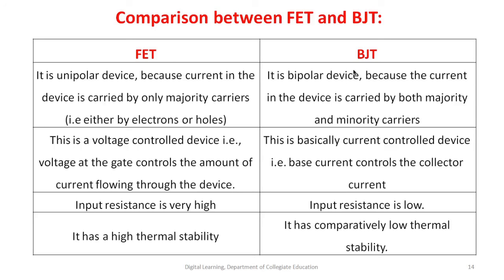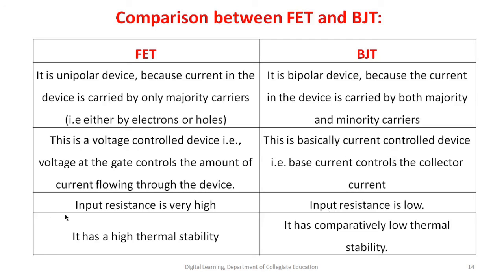But BJT is a current controlled device because the base current controls the collector current. So FET is a voltage controlled device, BJT is a current controlled device.